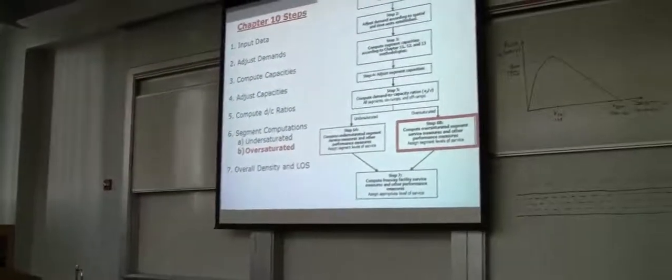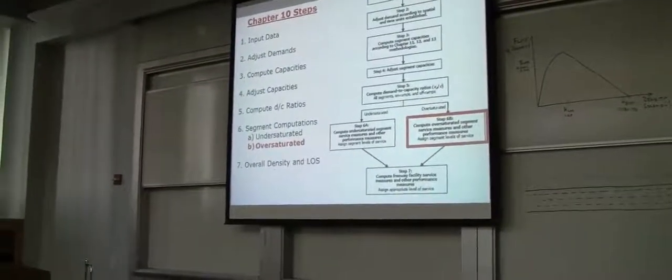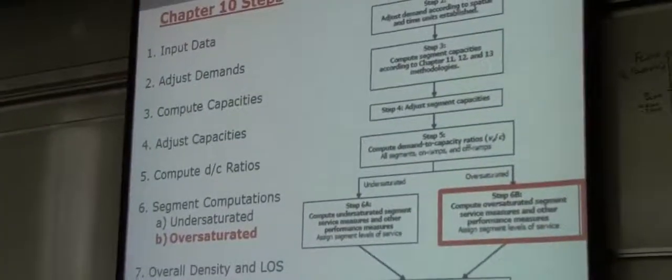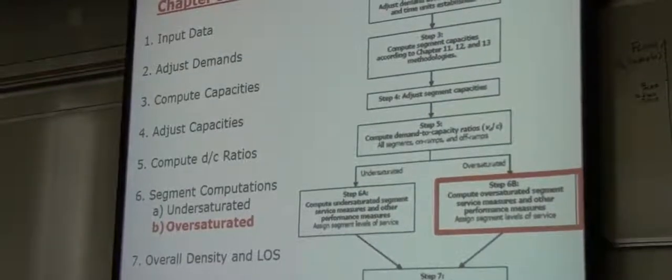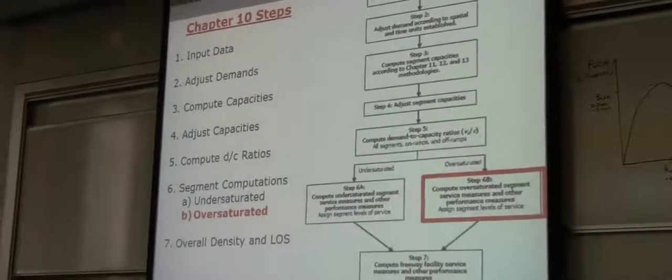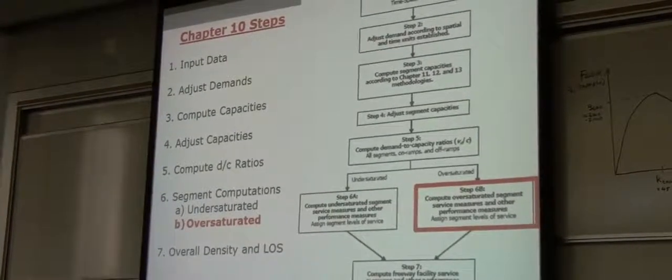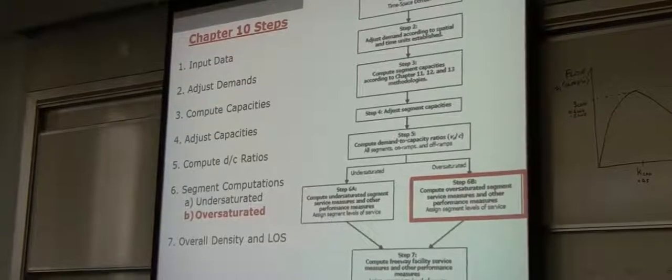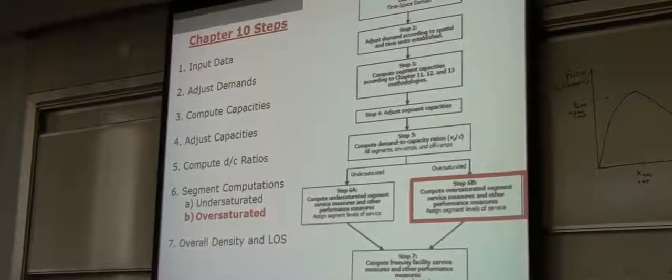And the methodology is relatively straightforward when you read Chapter 10. It gets slightly more complicated when you read Chapter 25, which is the supplemental chapter. But in Chapter 10, it's a pretty easy method: you gather input, you adjust your demands, so the input includes the geometry and includes your traffic volumes, your truck percentages. You adjust those demands to then do your passenger car equivalents and so forth.